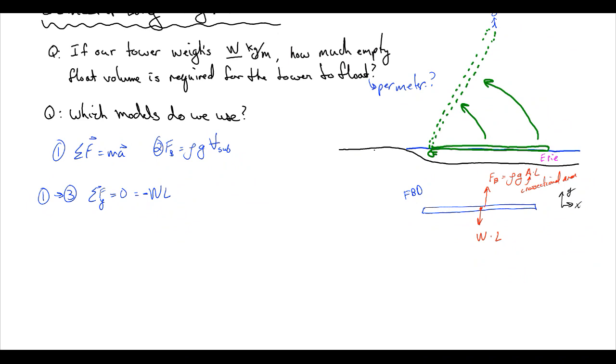So now we're going to take 3 into 4, and we're going to note that we can cross out our L's, and then we can bring our W over to the other side and divide by rho and g. We're going to find out that W over rho g, where rho is the density of the water, is equal to our cross-sectional area.